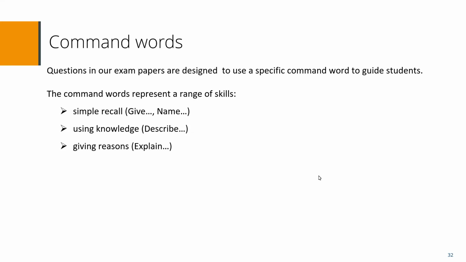Interesting that explain, you've got to be very careful about the explain, because it's now a requirement that exam paper writers cannot use two command words in the same sentence, and therefore can no longer write down state and explain.